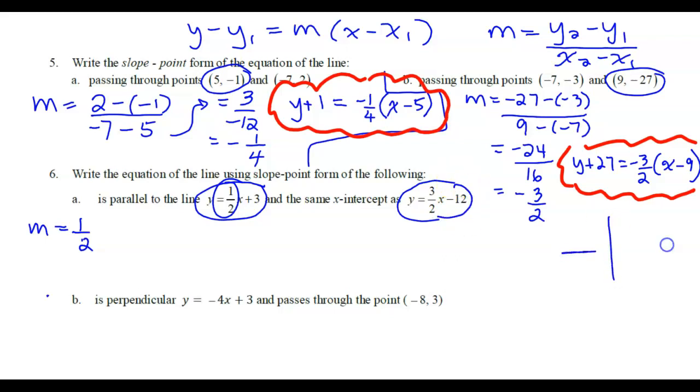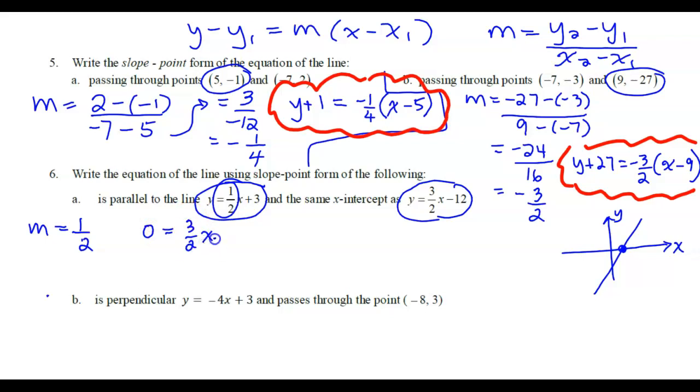If you have a graph and you have a line like this is the x-intercept. What's the value of y at the x-intercept? 0. So to get the x-intercept here, we're going to put 0 in for y and solve for x.